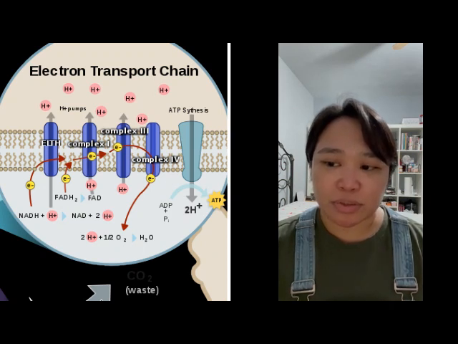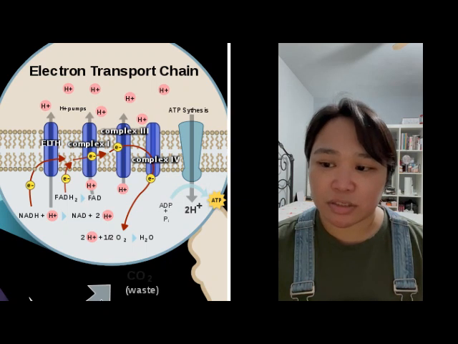Meanwhile, complex 2 directly receives electrons from FADH2 and does a similar thing to complex 1. It lets the electrons run through the redox centers before donating them to coenzyme Q. However, complex 2 does not use the harnessed energy for proton pumping.